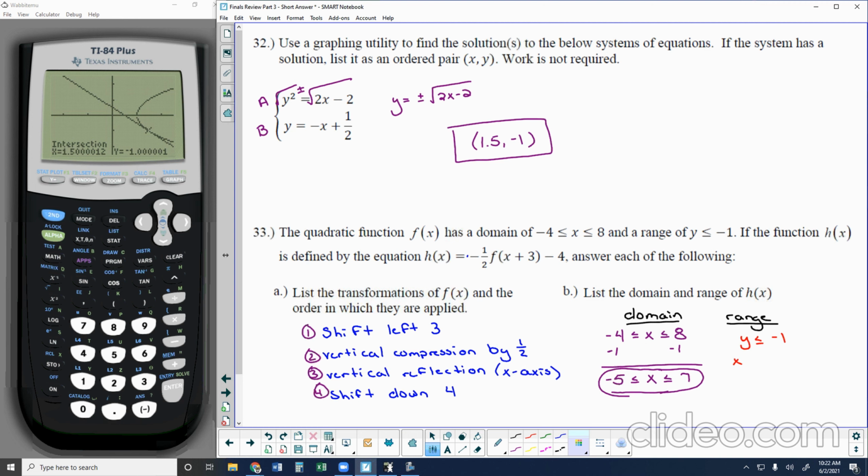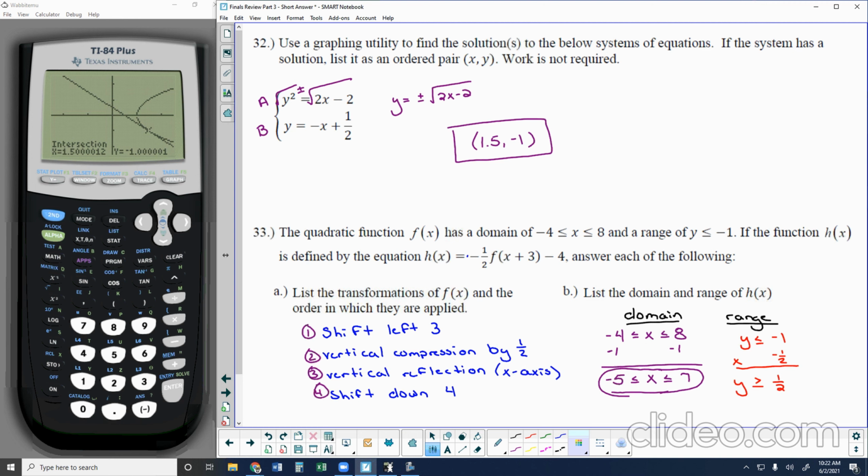First thing that I'm going to do is apply the vertical compression and reflection at the same time. Both of these can be done through multiplication. A multiplication of -1/2. Now remember, when you multiply an inequality by a negative, it's going to reverse the direction of that inequality.